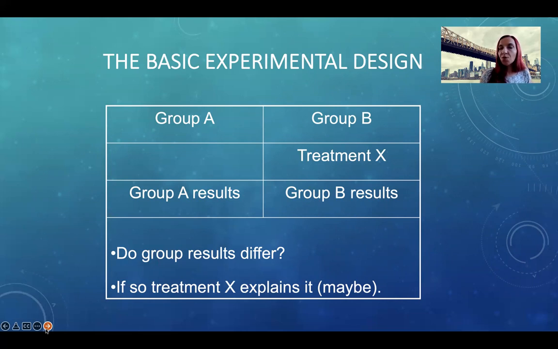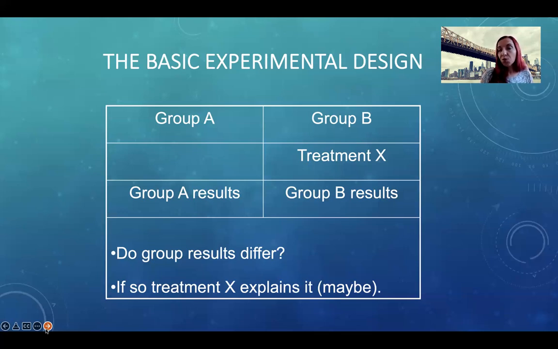One group of students will keep watching television as much as they used to watch before this experiment started. And then another group would be exposed to this treatment variable, which means that they would be asked to stop watching television, because we want to see if that will result in more frequent cooking at home.